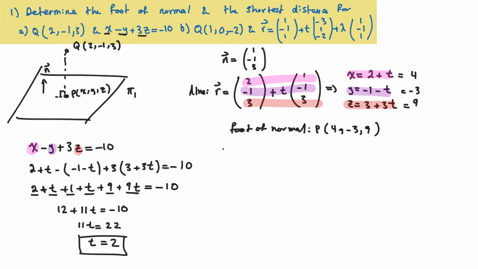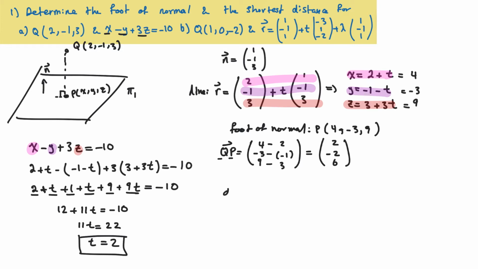Vector QP is going to equal the components of P, which are 4, -3, 9, that we just came up with, subtracted by the coordinates of point Q, which are 2, -1, and 3. We get 4 minus 2 is 2, -3 plus 1 is -2, and 9 minus 3 is 6.